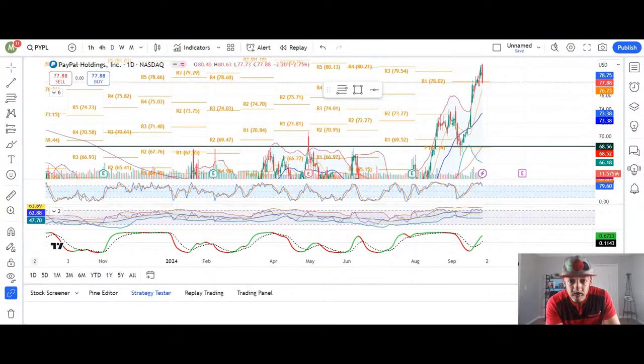So if you entered the trade the day I said, it would have been a good swing trade. The next 2 days, you would not have been profitable. But if you held for at least 3, 4 days, definitely by the end of the week, you would have been profitable.